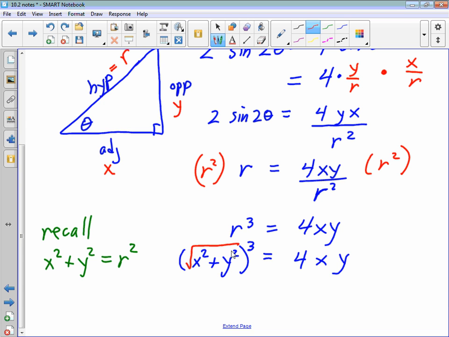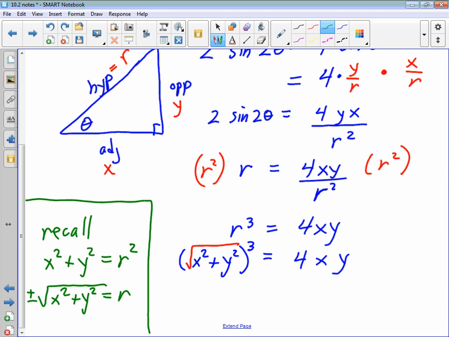And maybe I can help you see that by writing over here the square root of x squared plus y squared equals r. And actually, it'd be plus and minus the square root if you're really getting technical. Hopefully, that'll help you out a little bit. So now we're at r on the inside here, cubed, equals 4xy.